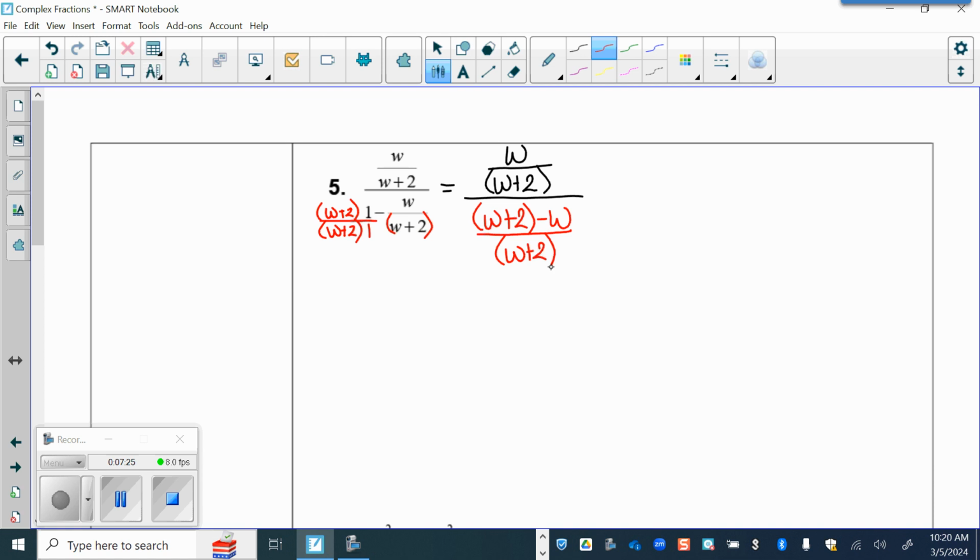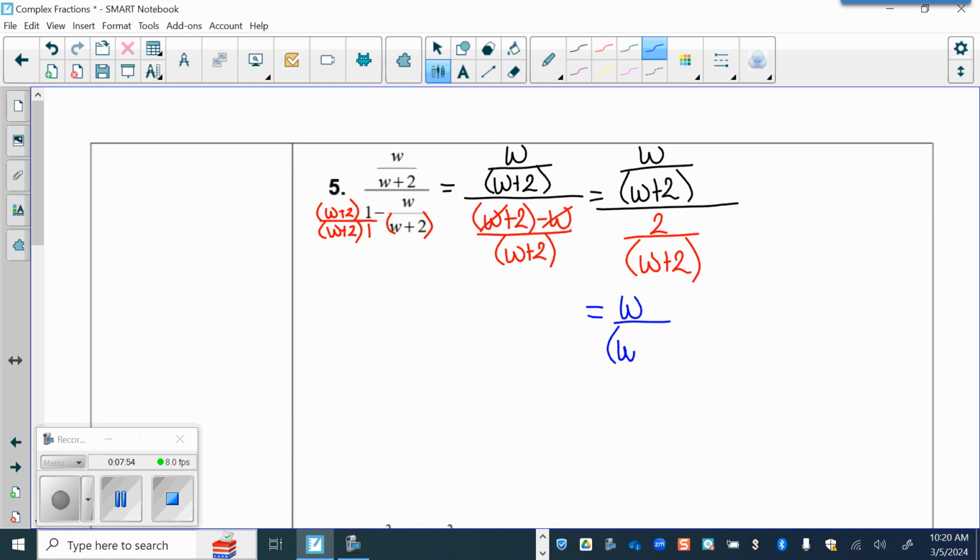I really need to clean that up before I go any further. So w over w plus 2 divided by w minus w is 0. This is going to be a 2 over w plus 2. I now have a single fraction over a single fraction, so I can keep, change, flip.